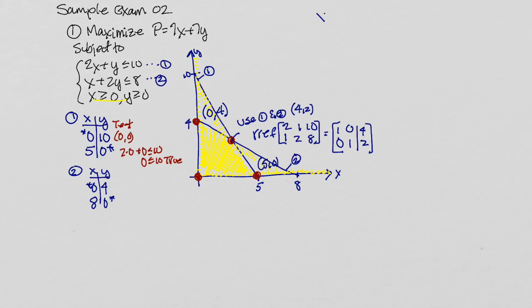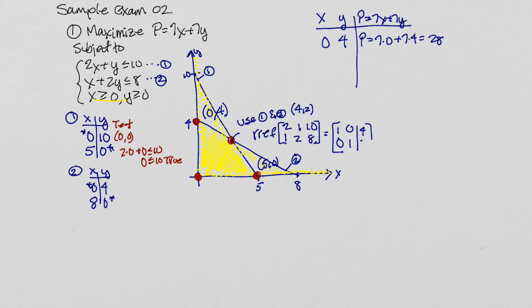And now let's make up our table where we're going to check these. We'll get x, y, and we'll get p equals 7x plus 7y. And then let's start here at the top left and just move to the right. This will be the first, the second, and the third. So with 0, 4, we'll get p equals 7 times 0 plus 7 times 4.